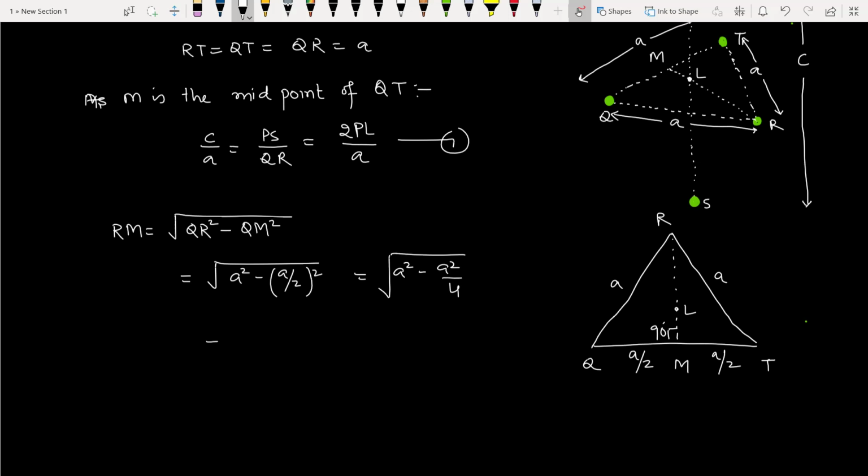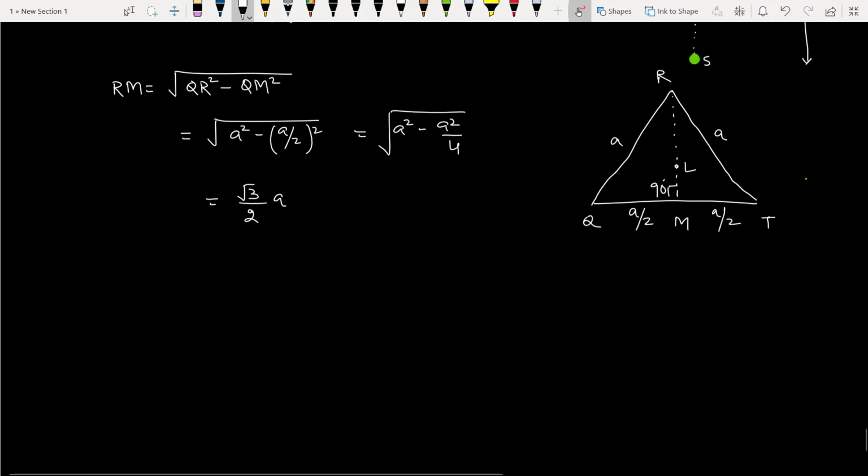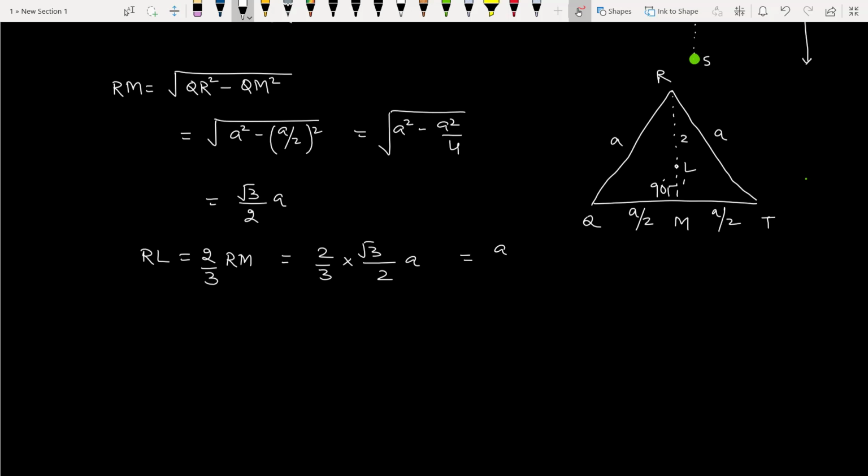So if we solve this, we will get root 3A by 2. As it is a median, RL will be 2 by 3 of RM, because L divides this in ratio 2:1. So it is 2 by 3 of root 3 by 2A. So it will be A by root 3.